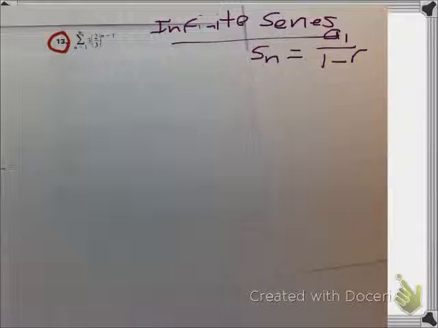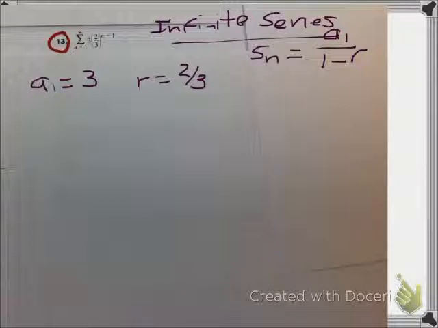Now, how do you know this is infinite? What's on top of the sigma? The infinity sign. So I need to find out who my first term is, which is 3. And who's my r? 2 over 3. So a sub 1 is 3 and my r is 2/3. Really all we have to do is plug it in.